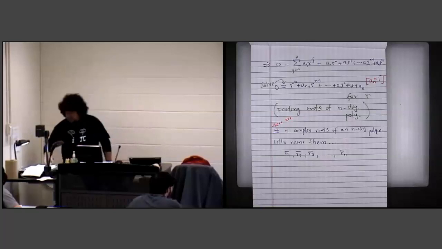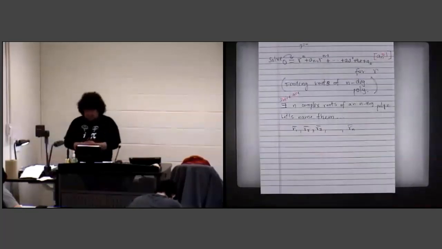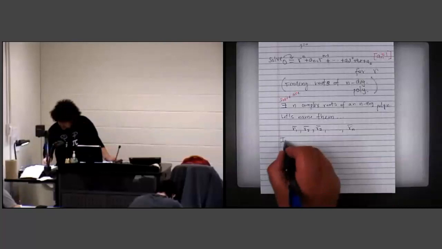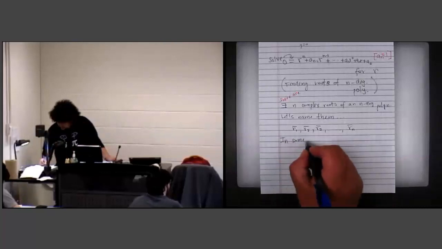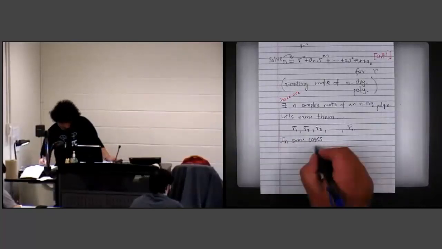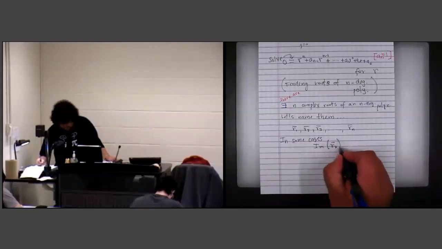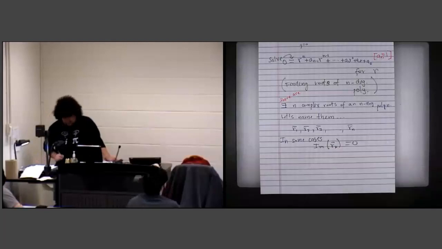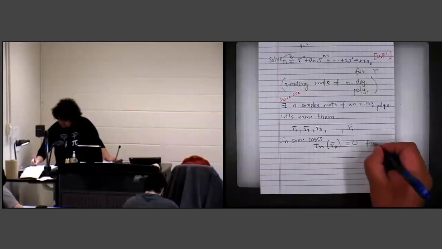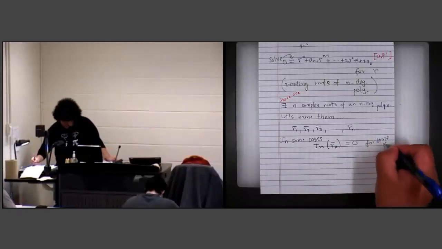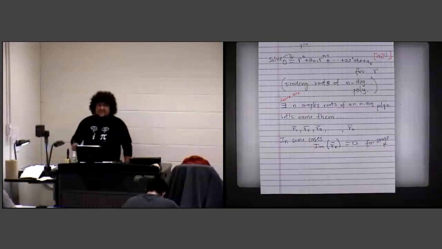Now, in some cases, the imaginary part of some of these r sub k is equal to 0. Such cases mean that the roots are purely real.